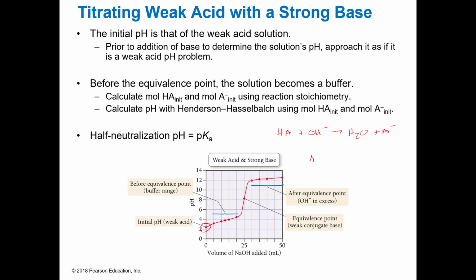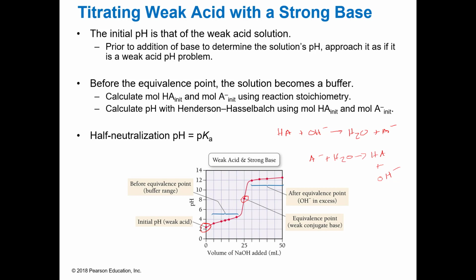Well, A negative is the conjugate base of a weak acid, so yes, that's going to react with water. It undergoes hydrolysis, and we get HA plus the hydroxide ion generated. And so that's why you see the equivalence point here is above pH 7.